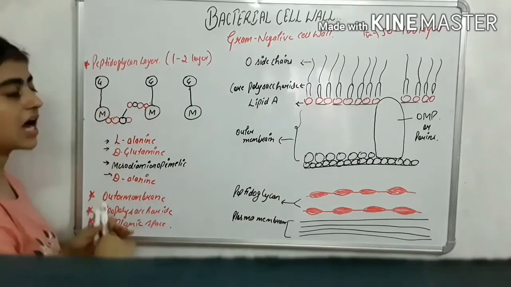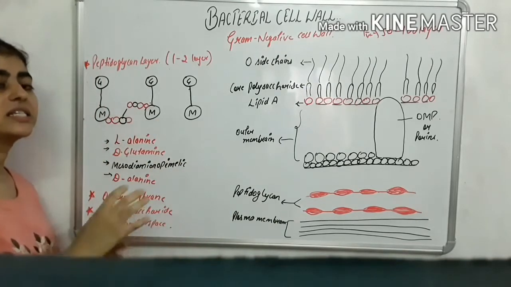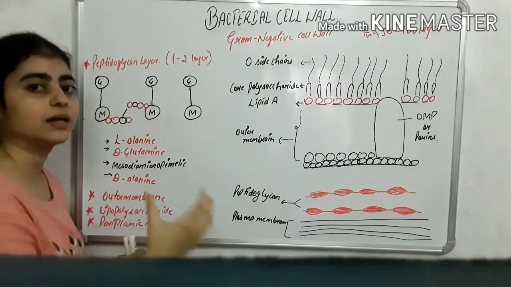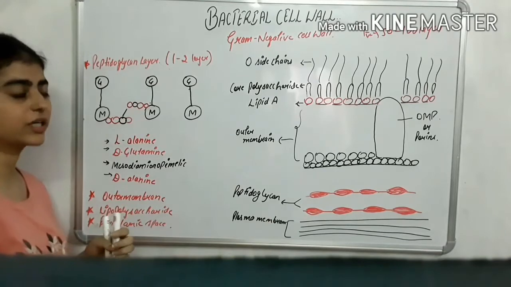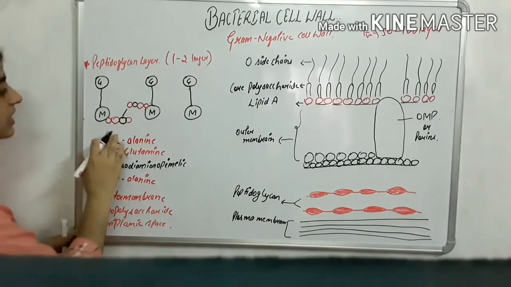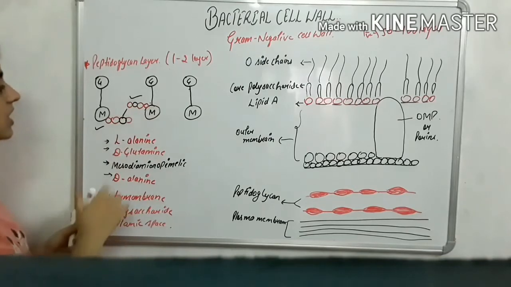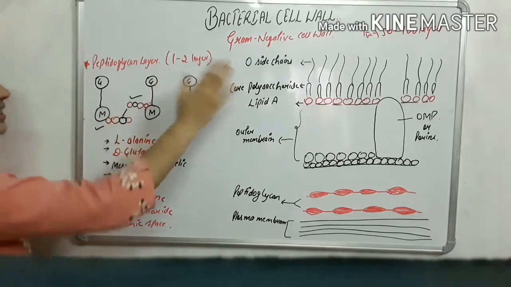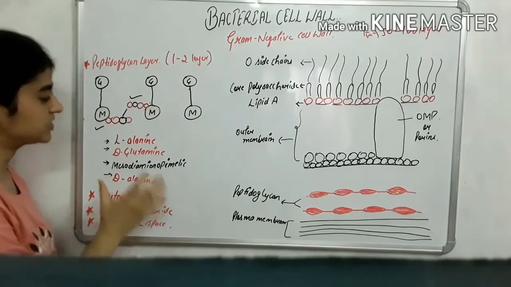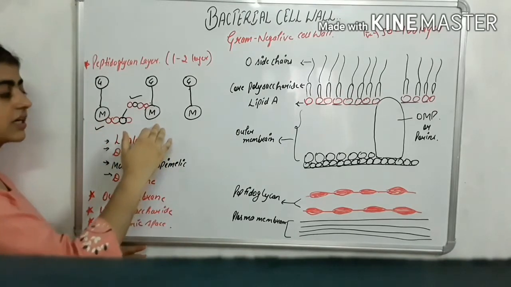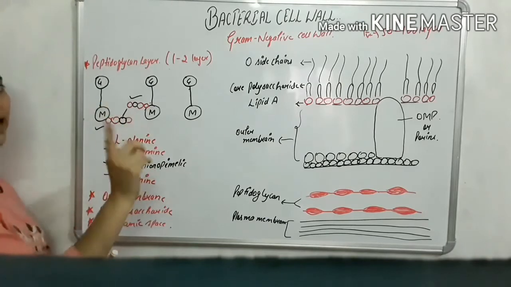Now we will discuss how the NAM and NAG and these tetrapeptide chains are linked to each other, and how the covalent bonds form. Two tetrapeptide chains are shown, one here and another one here. In the gram-negative cell wall also, the tetrapeptide chain originates from the NAM, not from the NAG.